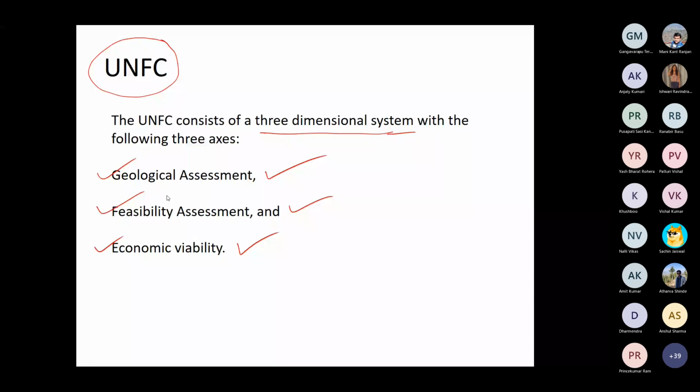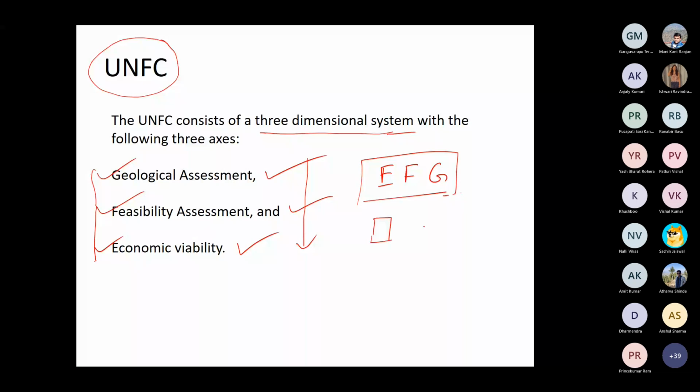So this is a procedure, or rather a line of action, how it moves. But in practice, when we write the numbers, we write in EFG format. That means the first digit will talk about the economics, second will be the feasibility, and third will show the geological assessment.